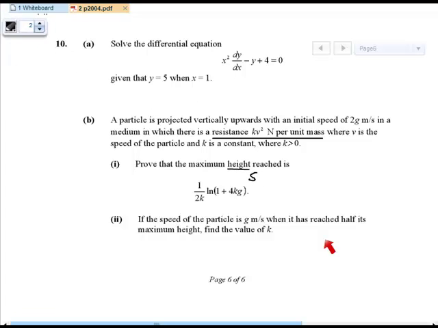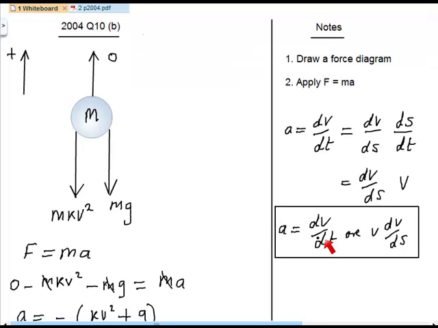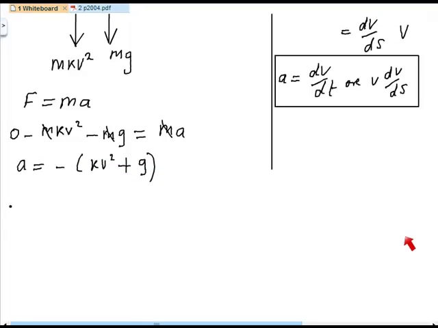They also mention speed, which in our notation is v. So if they mention s and v, that suggests that we have to use v dv/ds. That's how you know. So v dv/ds is the way to go forward here. v dv/ds is equal to minus kV squared plus g.